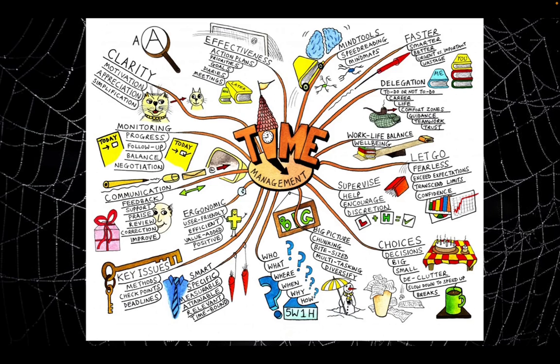This is another example. So this is kind of like a mind map of time management. And though it's not historical, it helps us see the structure of a historical argument. So we see in the center the main idea, time management. And in a history argument, it would be written as a thesis, but here it's just basically shown as a topic. So you see the subclaims. What are the parts of time management? Effectiveness, mind tools, delegation, work-life balance, and so forth and so on. You can read.